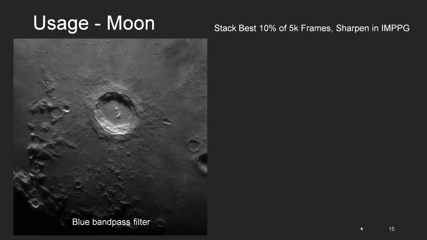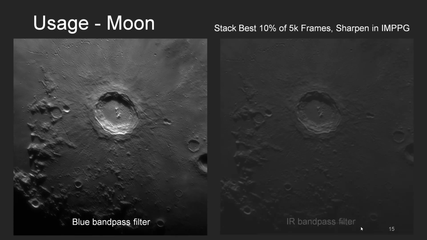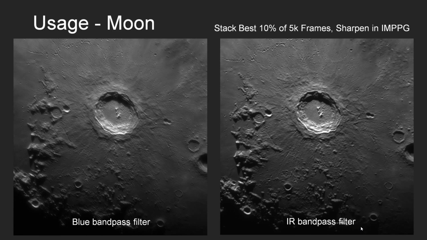Although the result of stacking the top 10% of 5,000 frames turned out pretty well using the blue filter, the final image captured using the IR filter is significantly sharper, has more contrast, and has more fine details visible.